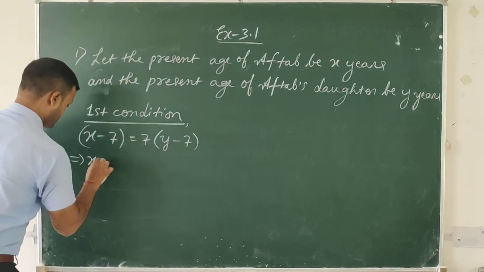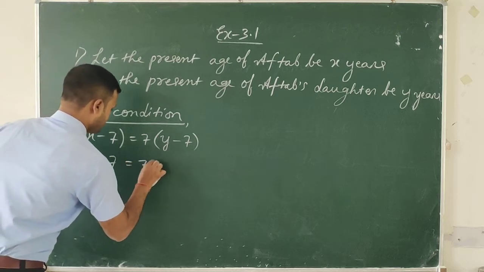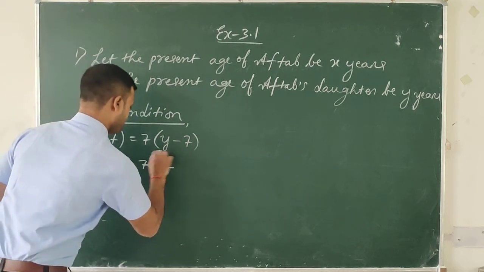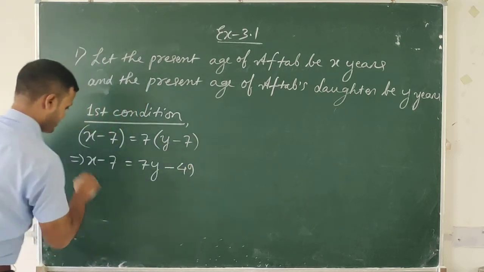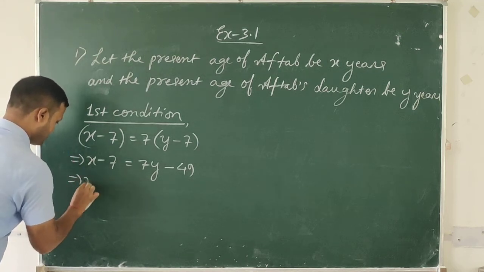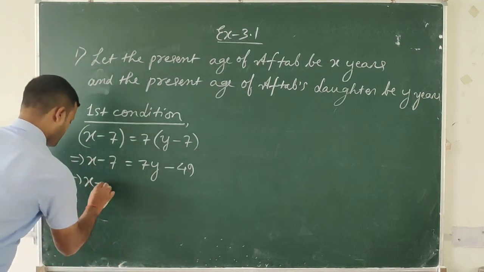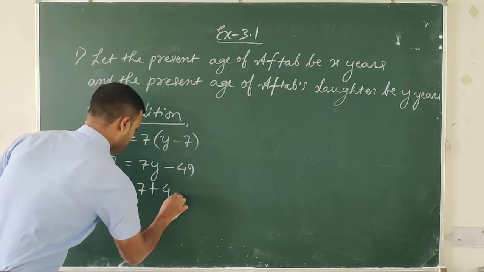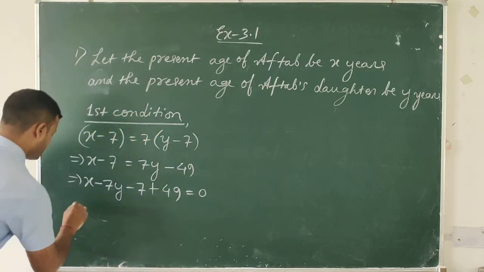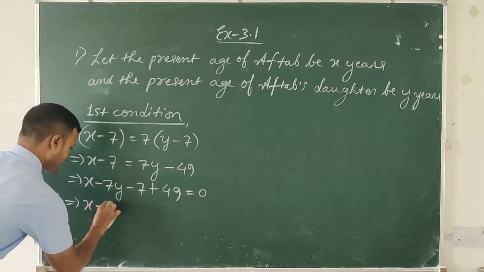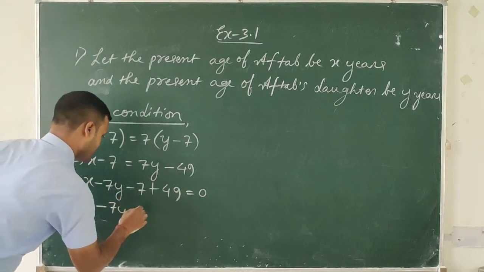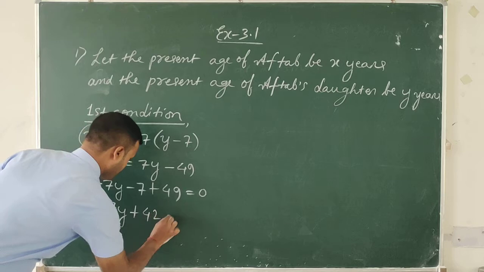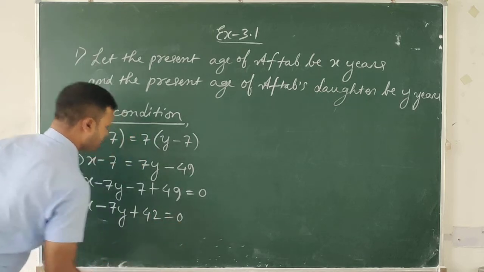So x minus 7 equal to 7 into y minus 7, which will become 7y minus 49. So x minus 7y minus 7 plus 49 equal to 0. So x minus 7y, 49 minus 7 will become 42 equal to 0.